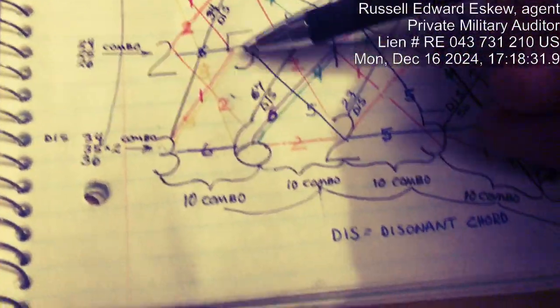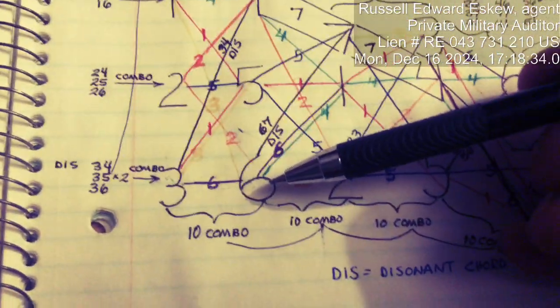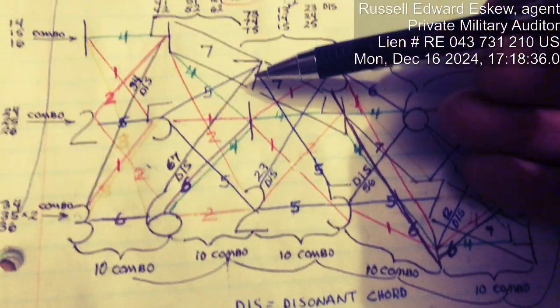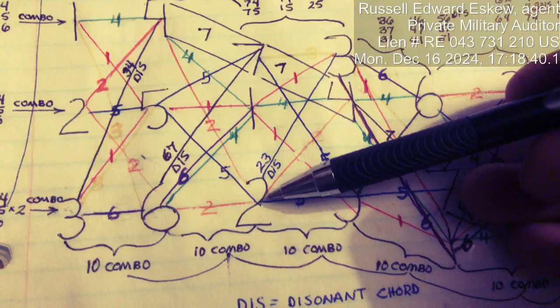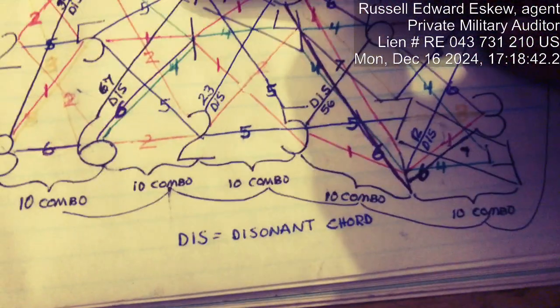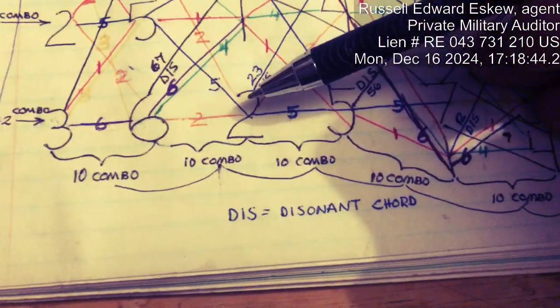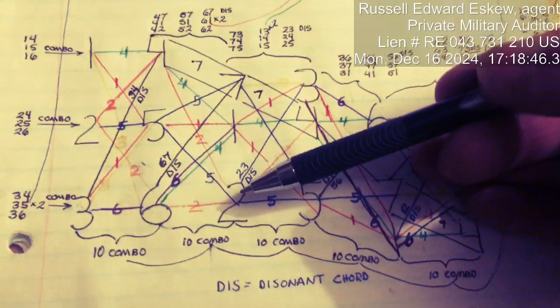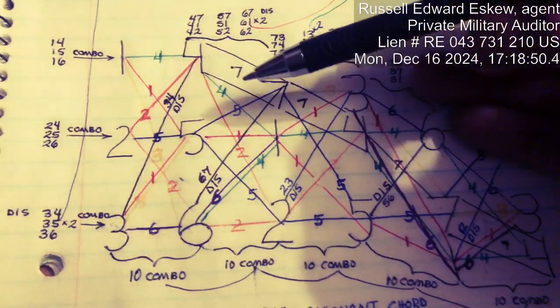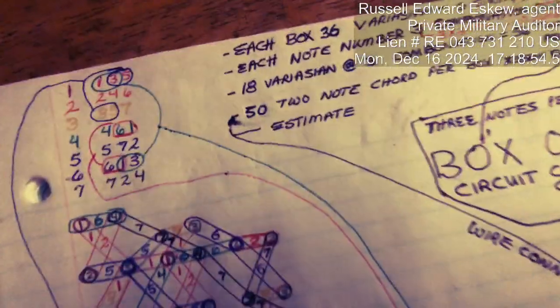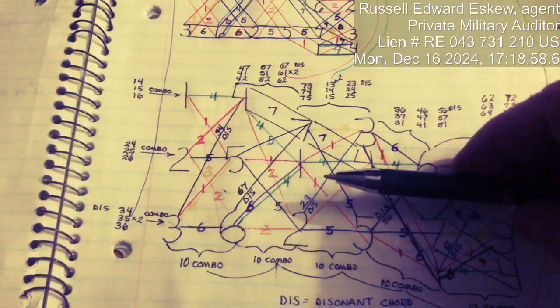And then there's 1, 2, 3 on the next string. Note 7, note 1, note 2 on the 4th string, which is 3 notes. So 6 strings altogether. That's 3 times 6, or 6 strings times 3 notes, which is 18.